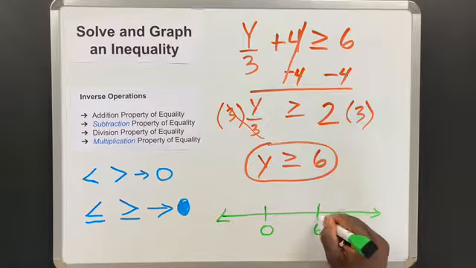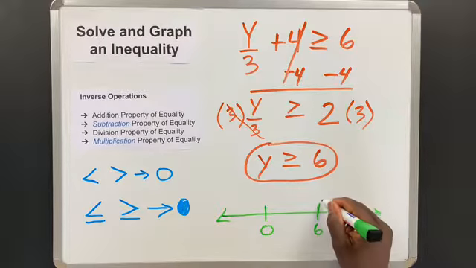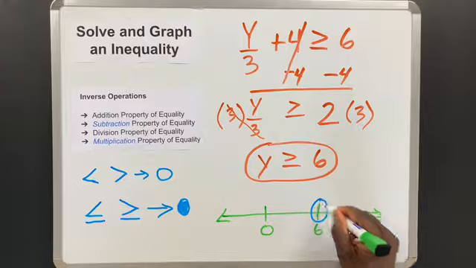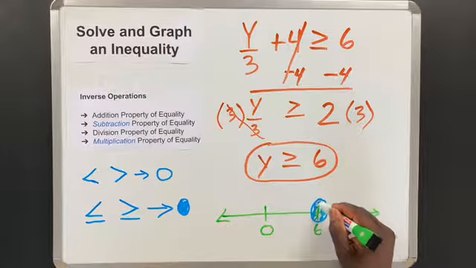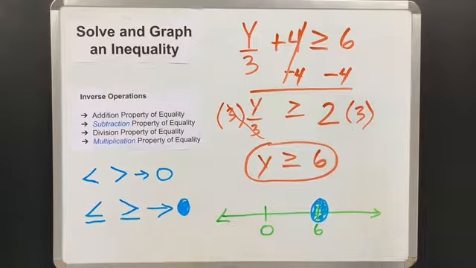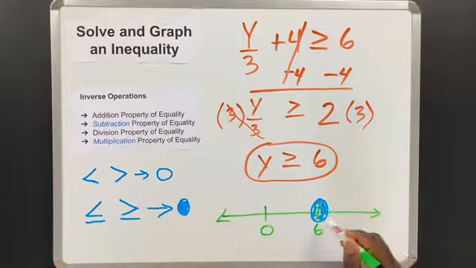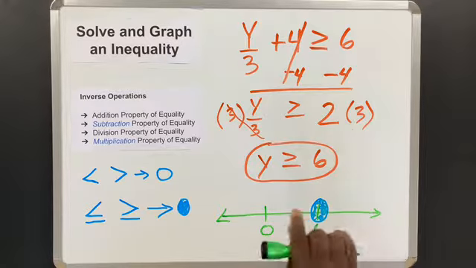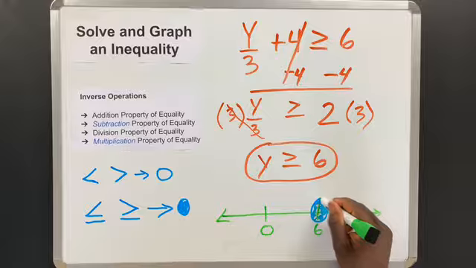So I'm going to give us a closed circle. And we'll just color that in to indicate that it's a closed circle. Now, remember, it says all values of y that are greater than or equal to 6. So the values of y that are greater than 6 are going to the right in this direction.